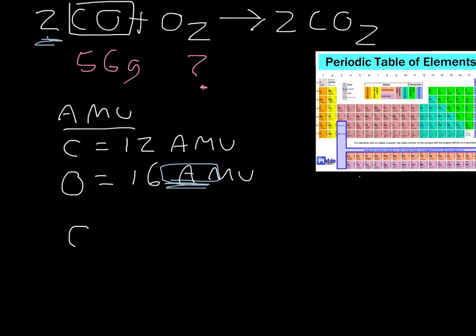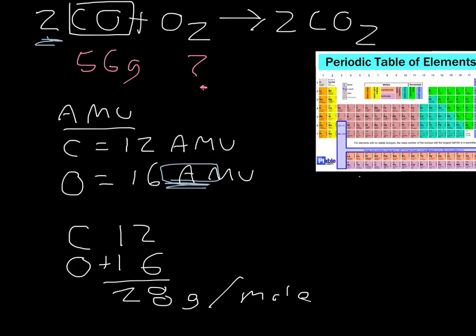Carbon monoxide is a carbon which weighs 12 atomic mass units, and then we have an oxygen which is 16. Let's add the two of these together, and we get 28. So we have 28 AMUs, or 28 grams per mole of carbon monoxide.